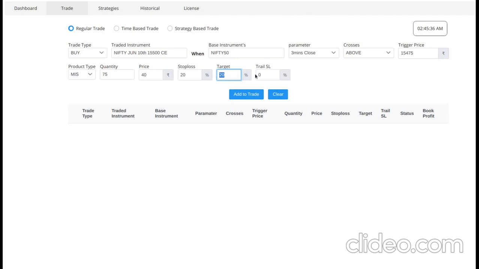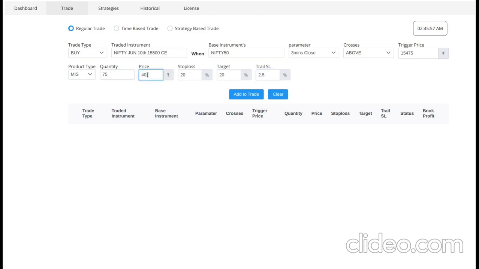And coming to the third point, which is the trailing stop loss. Let's say I want to keep it at 2.5%. So initially the buy price is 40 rupees, and 2.5% of 40 rupees is 1 rupee.